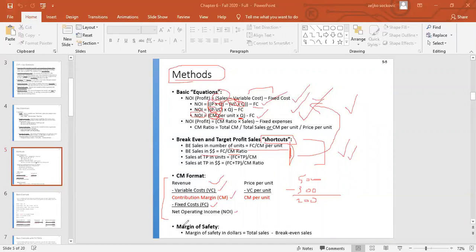Well, of course, you have to know this format. I mean, you just have to know it. So we cannot eliminate everything. So that's 200. Now, you don't know what your fixed costs are, but you're told that net operating income is 70. Well, which number can be here between 200 and 70?